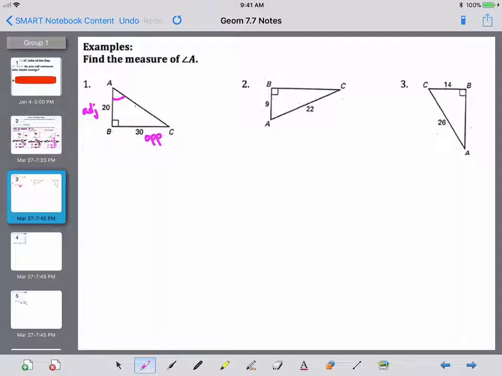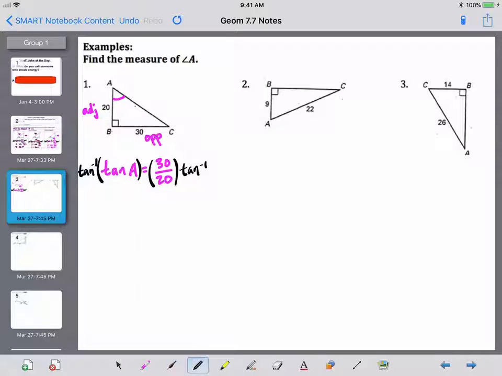So whenever you don't know the hypotenuse, that tells you to use tangent. So the tangent of angle A is equal to the opposite over the adjacent. And now to get A by itself, we've got to take the inverse tangent. And if I do that on the left, I better do that on the right.